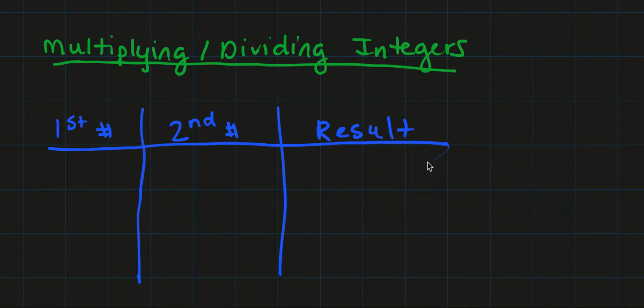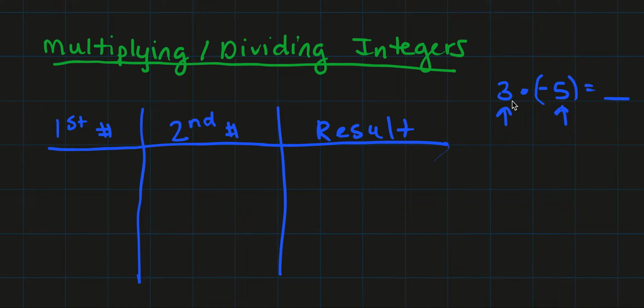I'm going to ask you to multiply them or divide them. For example, if I say 3 times a negative 5. So here I want you to multiply 3 and a negative 5. First number means the one that you see first, and second number means the second number that you see. And then the result is what you're going to get when you finish this problem.